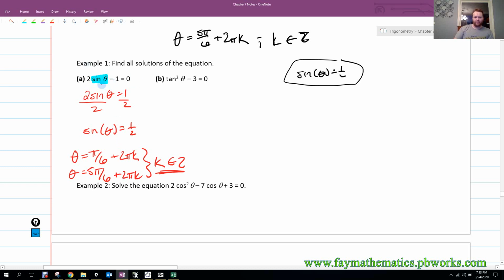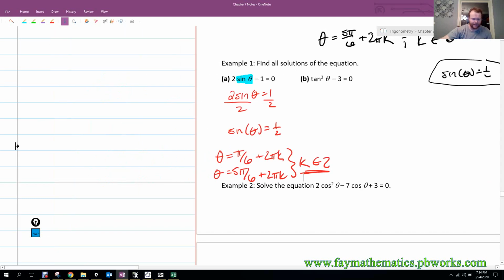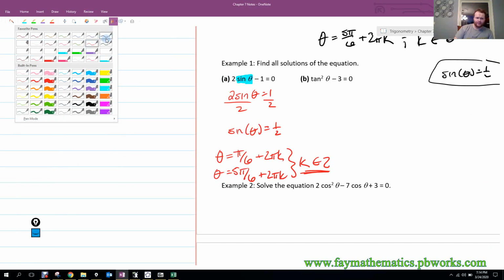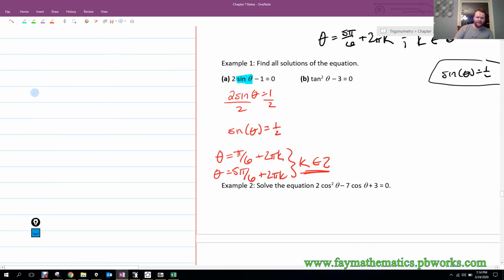Another way of doing this is to, like I said, use u substitution. Now this really only works, I would say predominantly, if you have just one trig expression in your equation. But I'm going to let u equal sine theta, and I'm going to rewrite it.